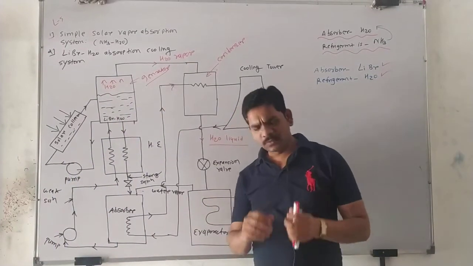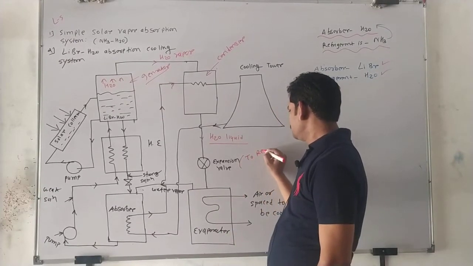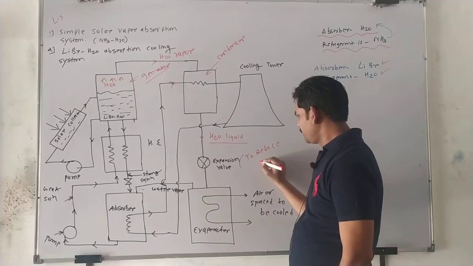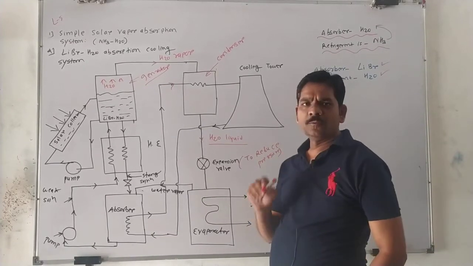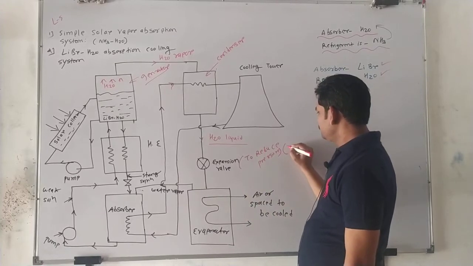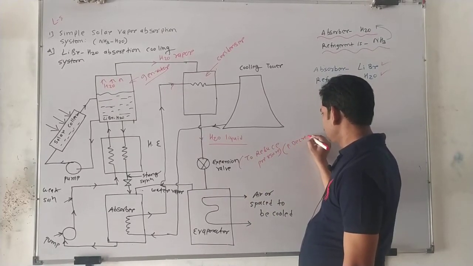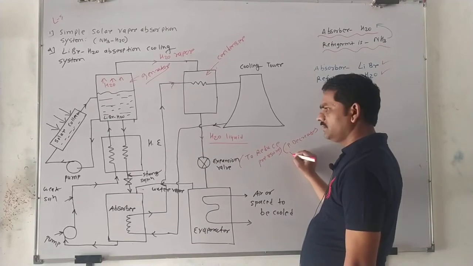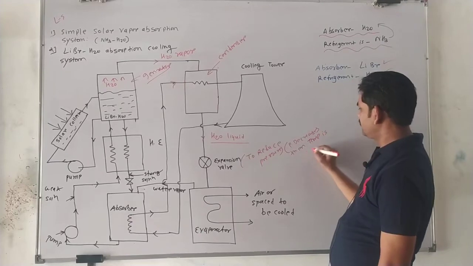What is the role of the expansion valve? To reduce the pressure. So the pressure is reduced, and when pressure decreases, the temperature also decreases.